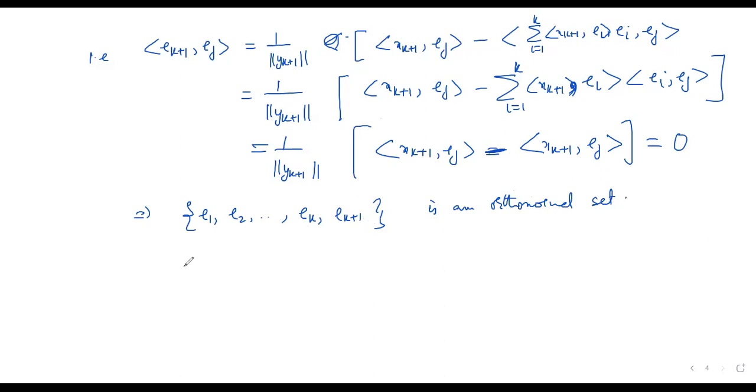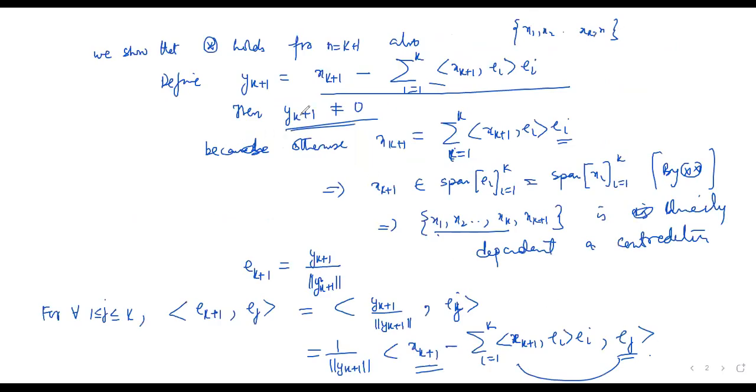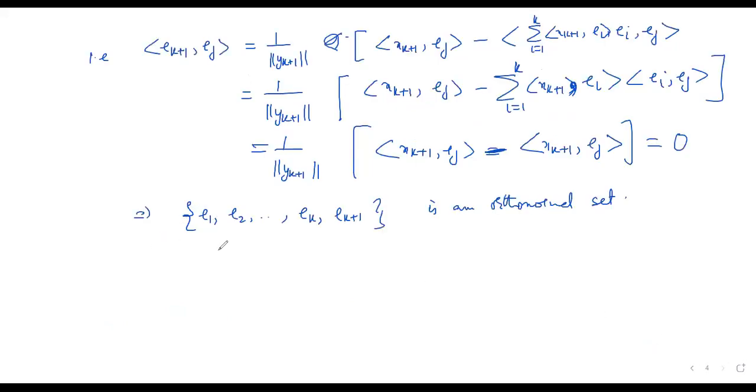Furthermore, मुझे दिखाना है दोनों का span बराबर है, right? Now, अगर मैं देखूं how I have defined this yk+1, ek+1 इसका scalar multiple है. Now, yk+1 is a linear combination of e1, e2, up to ek and xk+1. Clearly, ek+1 belongs to the span of the vectors ei, i runs from 1 to k, union xk+1.